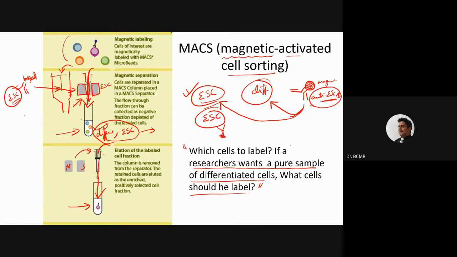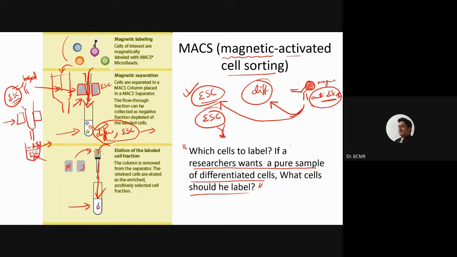Instead, if we label the differentiated cells, the differentiated cells would be retained because of the magnets, and the rest will flow through into a tube. What may be there? Embryonic stem cells and unlabeled differentiated cells. Losing differentiated cells is not a problem. We want to get rid of embryonic stem cells.